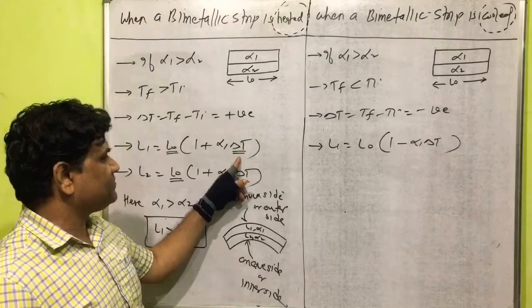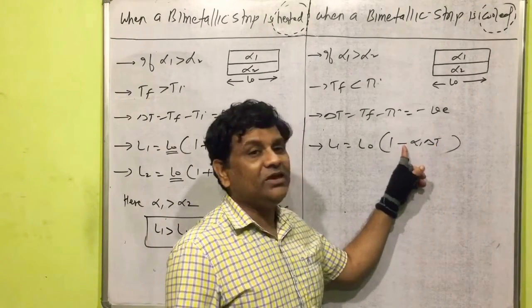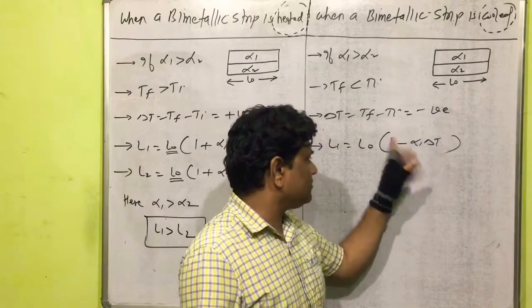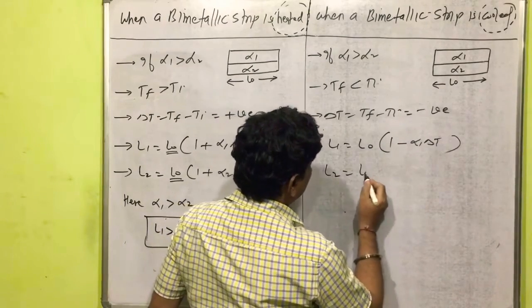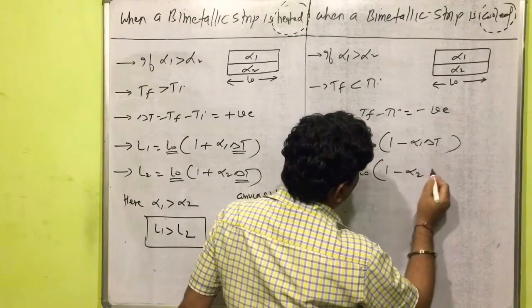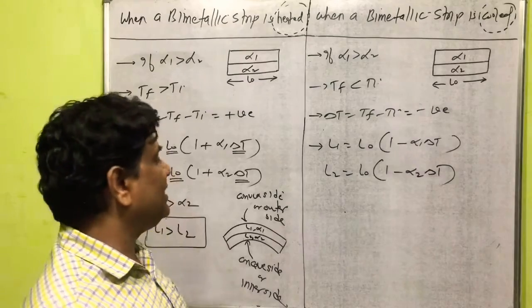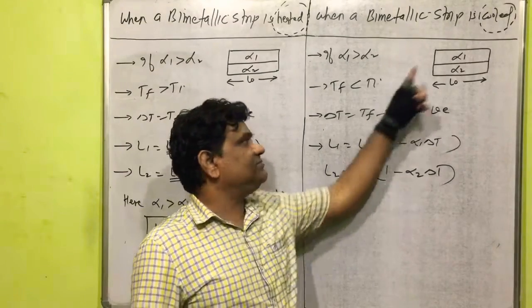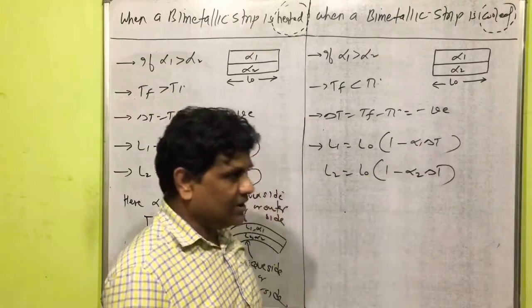Here delta T was positive, but here delta T is negative. What is the final length of the lower strip? L2 is equal to L0 into 1 minus alpha 2 into delta T. So this is the final length of the upper strip, and here is the final length of the lower strip.